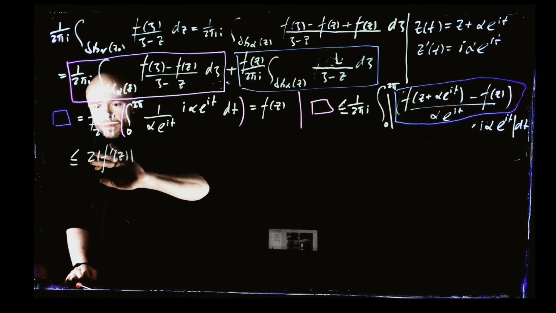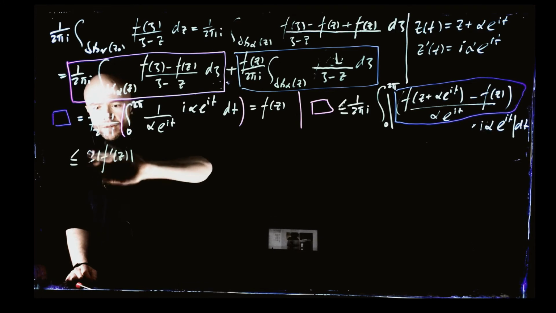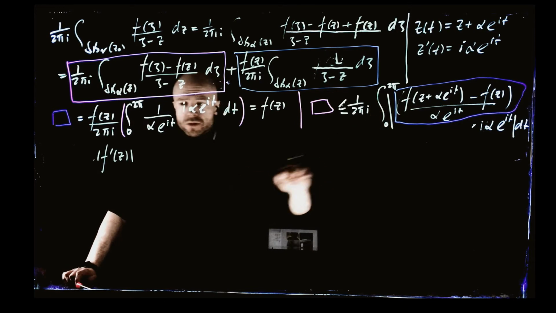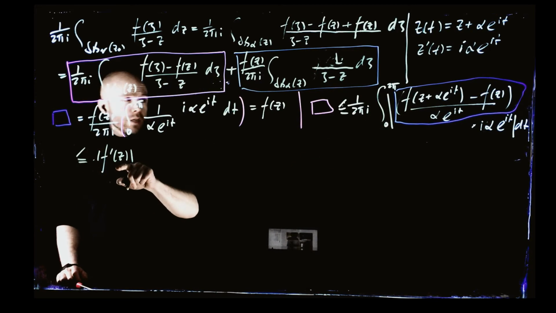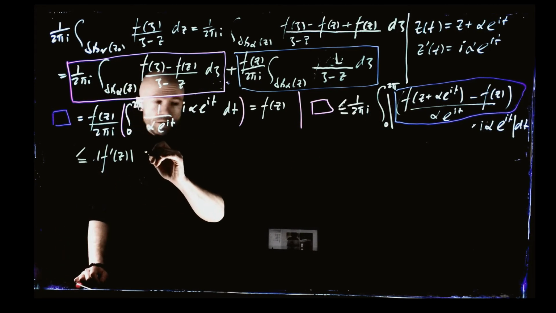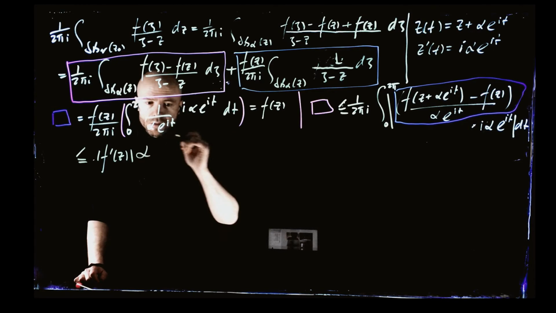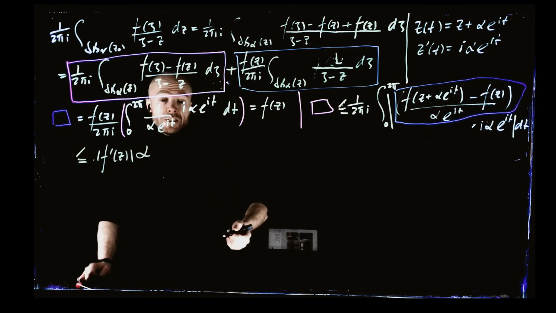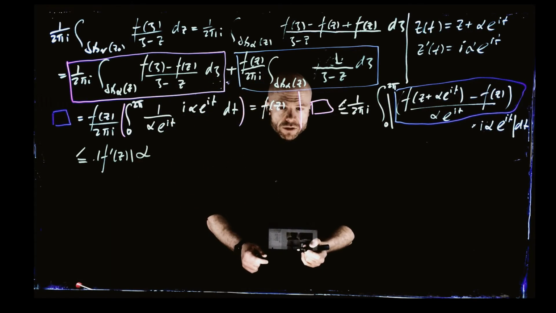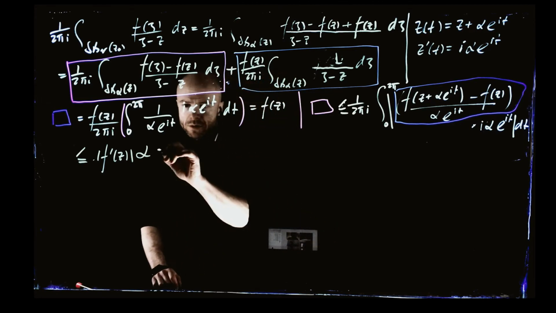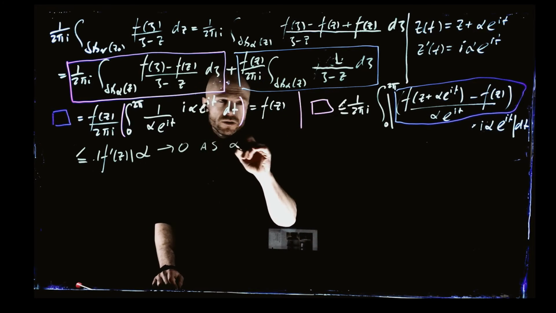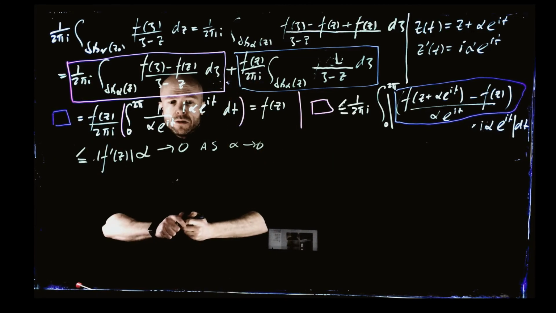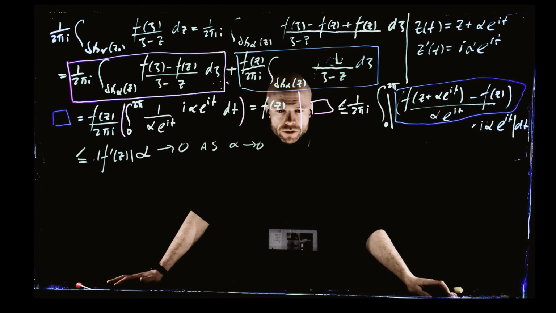Well, the 2 pi will cancel with the 2 pi. So this is going to be less than or equal to this thing times just alpha, like this. So as alpha tends to 0, this entire expression tends to 0. So the red box, this thing, will just tend down to 0 as alpha goes down to 0.